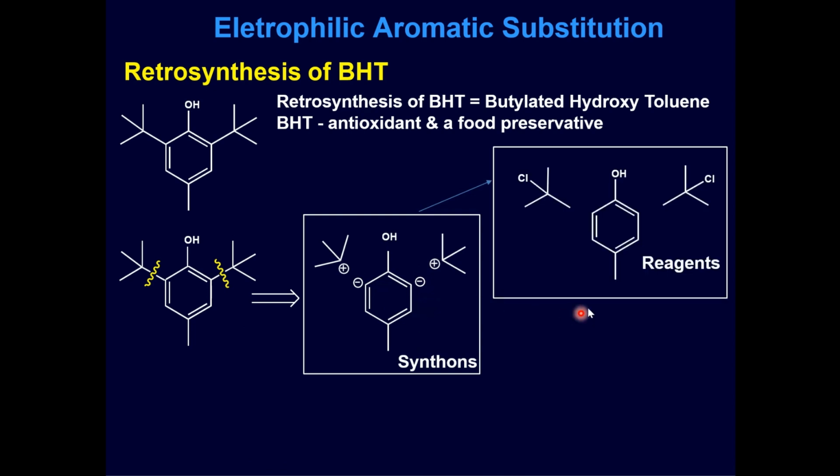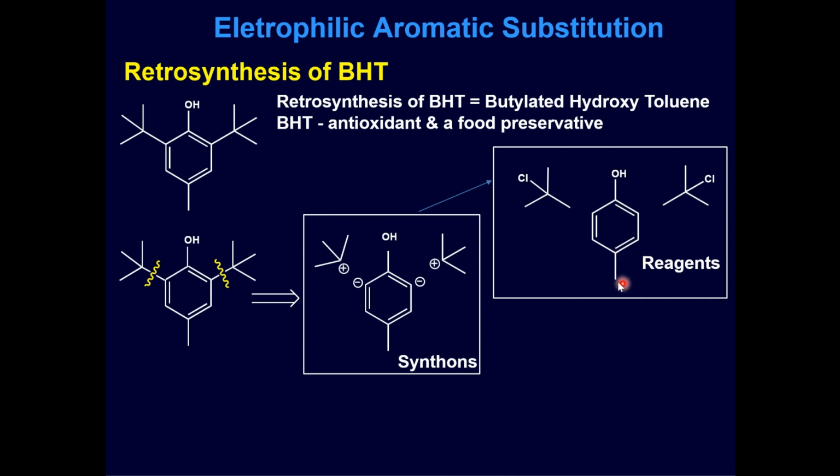And the reagents which I can use are tertiary alkyl halide, or tertiary butyl chloride, and para-cresol. OH is strongly donating, ring activating and ortho-para directing.